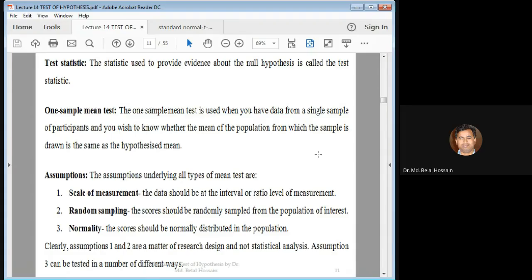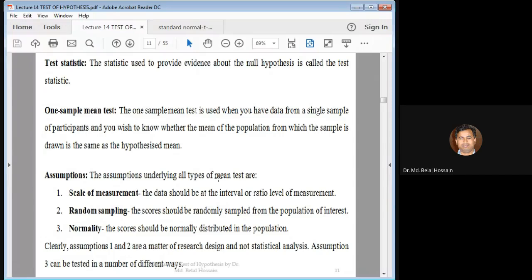So in test of hypothesis, what we are discussing now, that one sample mean test, that is, we have null hypothesis mu equals say 3.2. We have one sample collected from one population, okay, and then we are trying to test whether the mean of the population is actually equal to that 3.2.